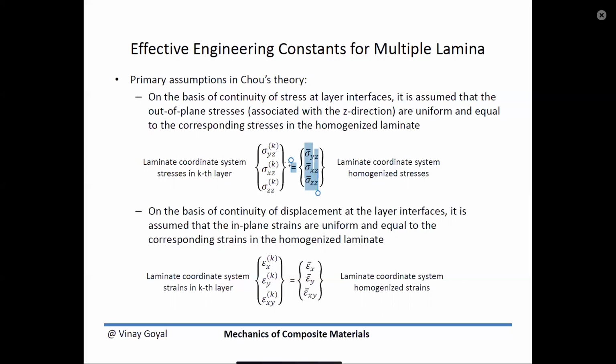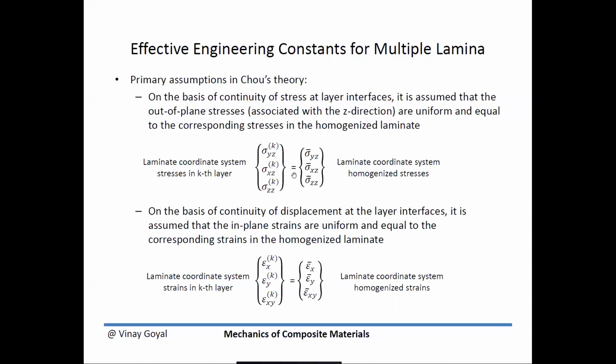The second assumption is on the basis of continuity of displacements at the layer interfaces. So we're going to assume that the in-plane strains are uniform and equal to the homogenized laminate. What we're saying here is that the in-plane strains in the laminate coordinate system for plies 1 through n are going to be equal to a single strain for the whole homogenized plate.